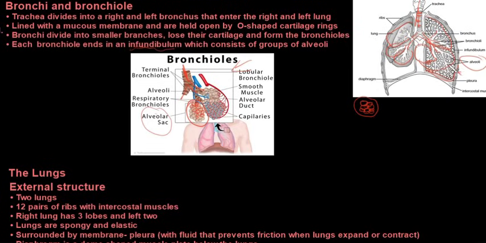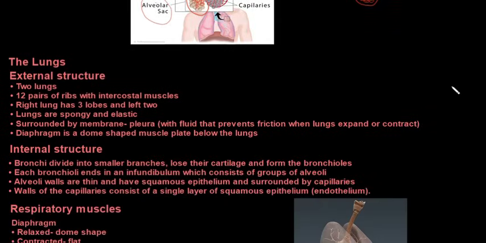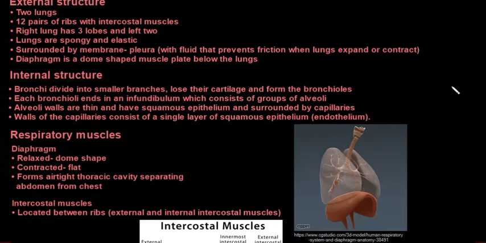There's the ribs, you've got the lungs, and then the pleura will sit in the middle with that fluid that will prevent friction when the lungs expand and contract. And then you've got the diaphragm, which is a dome-shaped muscle plate below the lungs. There's a nice representation of that over here. So you've got the 2 lungs and then the diaphragm, which will help the lungs inhale and exhale.